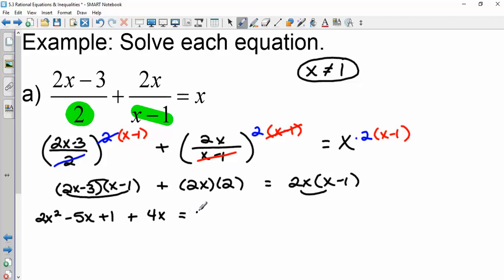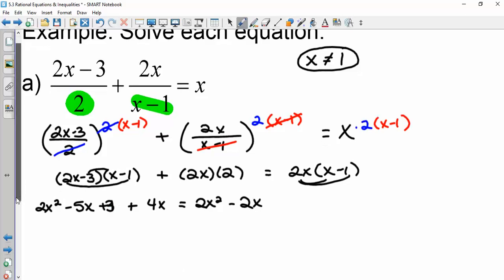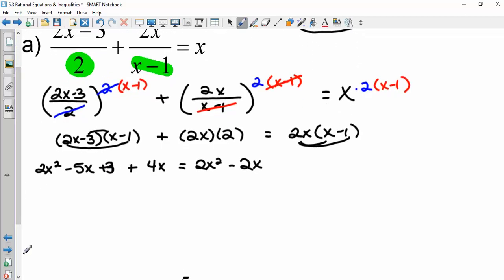Over here we get 2x squared minus 2x. Would the negative 3 and the negative 1 make a positive 3? Yes, it would. Thank you. What happens if I subtract this 2x squared over?